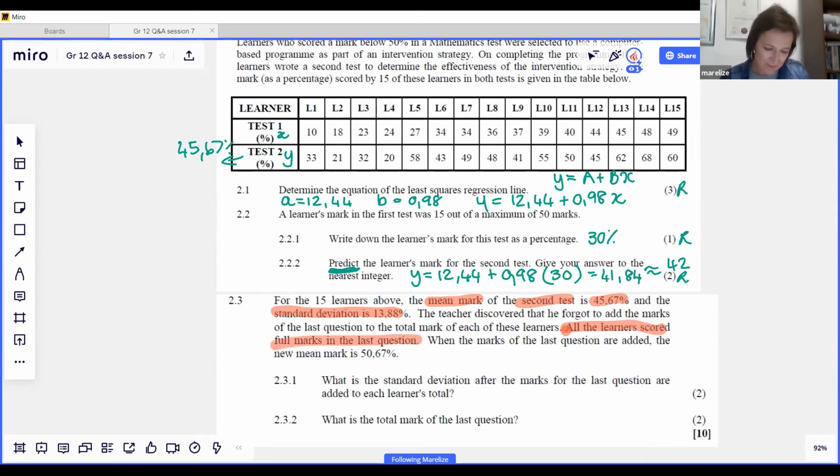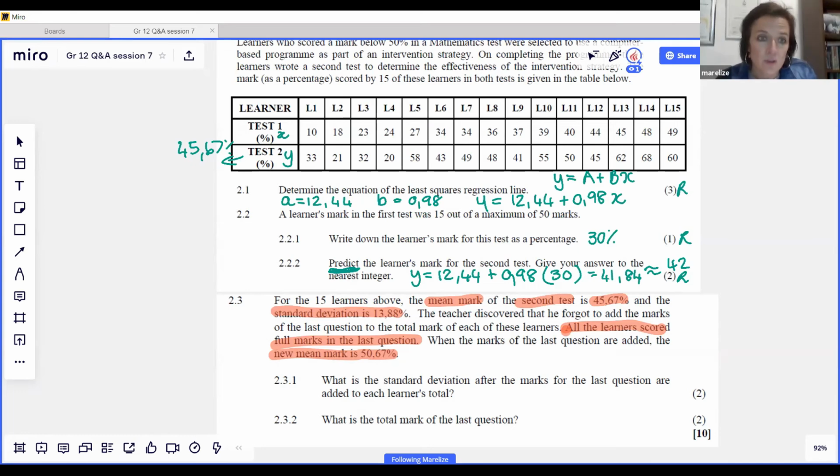Full marks. When the marks of the last question are added, the new mean mark, okay, is 50.67. So the new mean and the old mean. Does everyone understand what's happened here? Teacher, a little bit tired, forgot to add the marks of one question to the test.